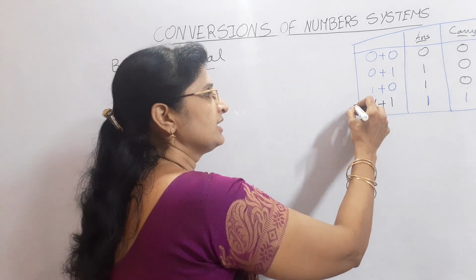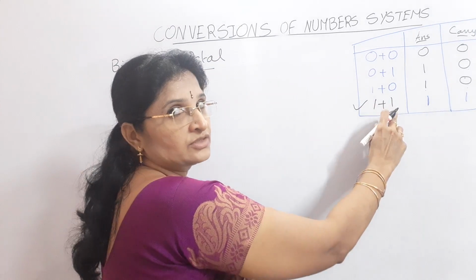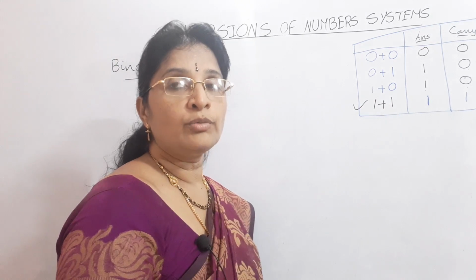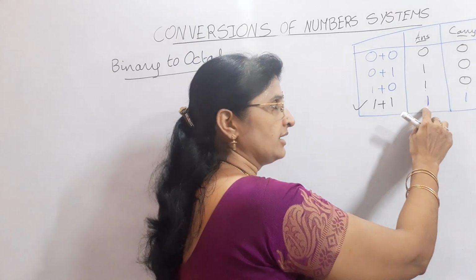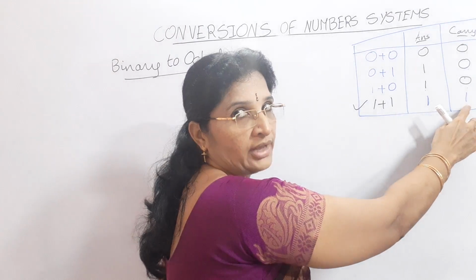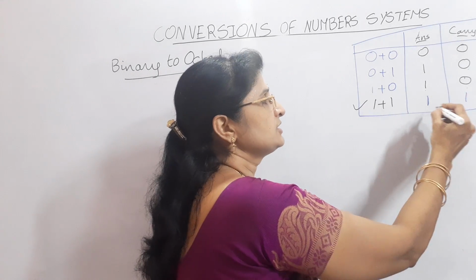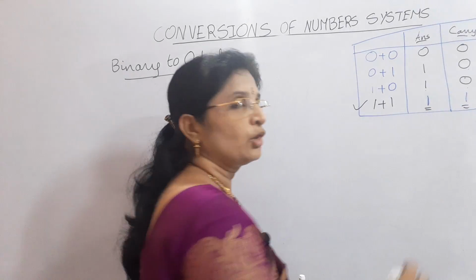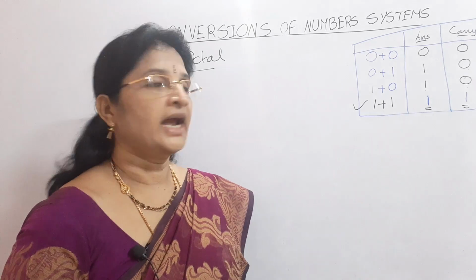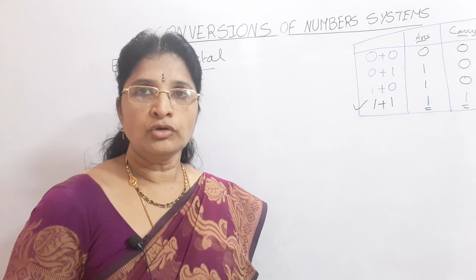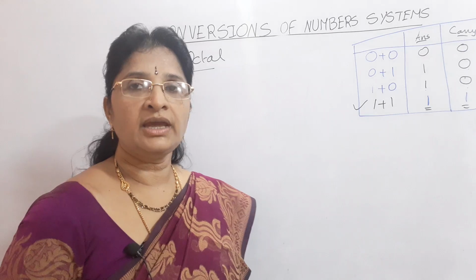Here is the important case, that is 1 plus 1. Whenever you are adding two binary digits 1 plus 1, then the answer is 0 and you will have a carry of 1. These two are so much important while discussing about binary digits. So this is the addition of two binary digits, how it will be performed.